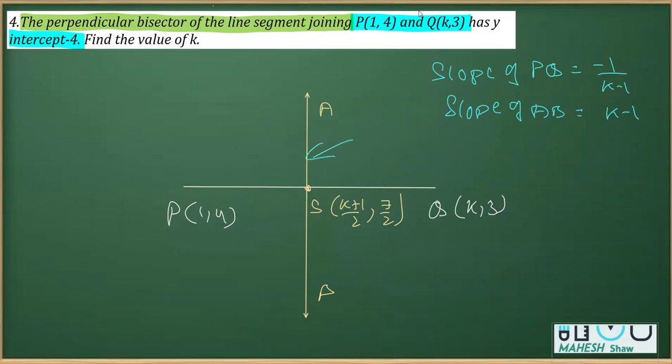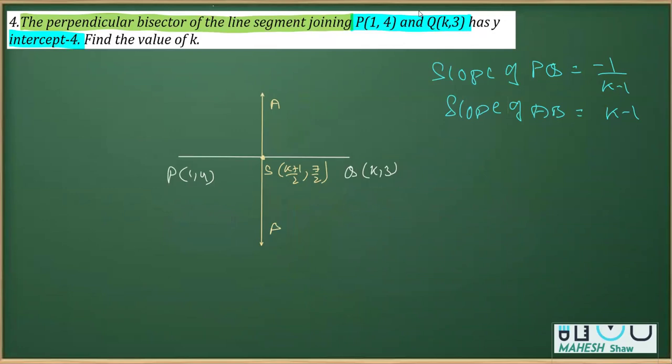Now check here, we know the slope of AB in terms of k. We also know a point through which this line is passing. So now we can obtain the equation of the line, and then we can get the value of k by comparing with this y-intercept.